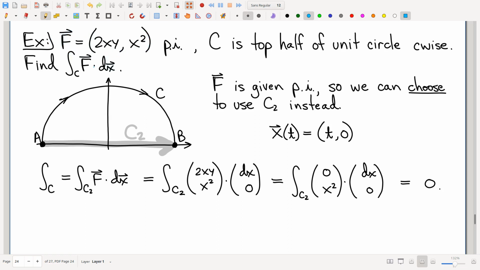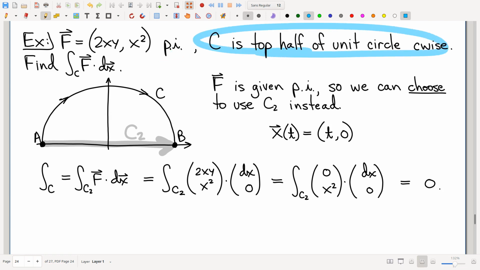Suppose we're given that this is a path-independent vector field, and I'll come back to how we might have such a piece of information pretty soon. If you know that the vector field is path independent, and the question is to compute this line integral on that curve right there, how would I do that computation?